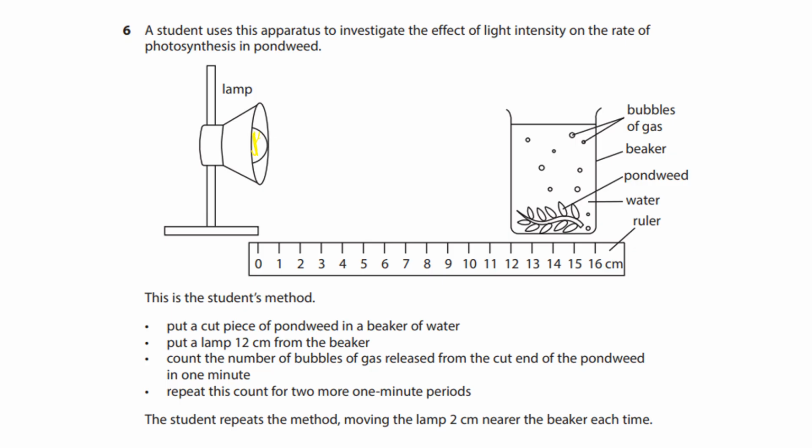So over here is the light. Lights goes boom, boom, boom. Then over here is our pondweed photosynthesizing because it's having sunlight, producing oxygen bubbles. Very nice oxygen bubbles.